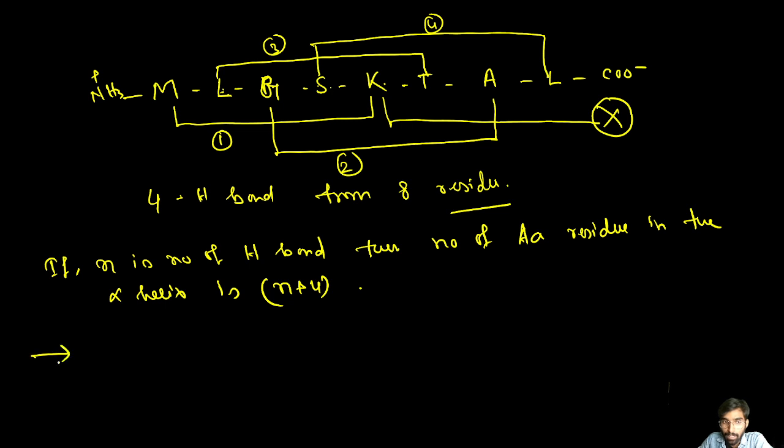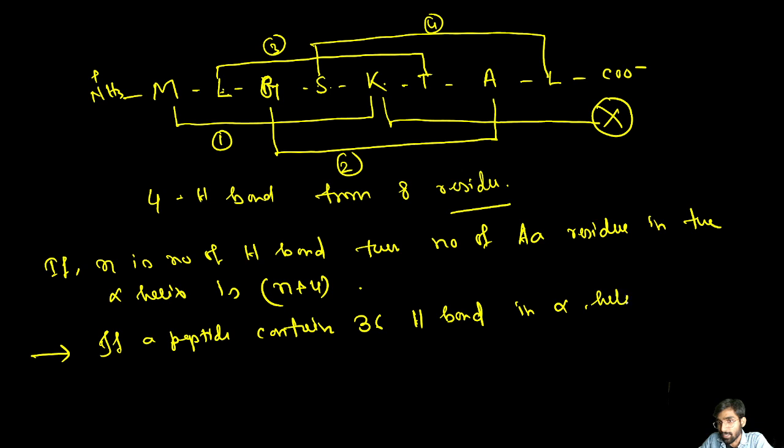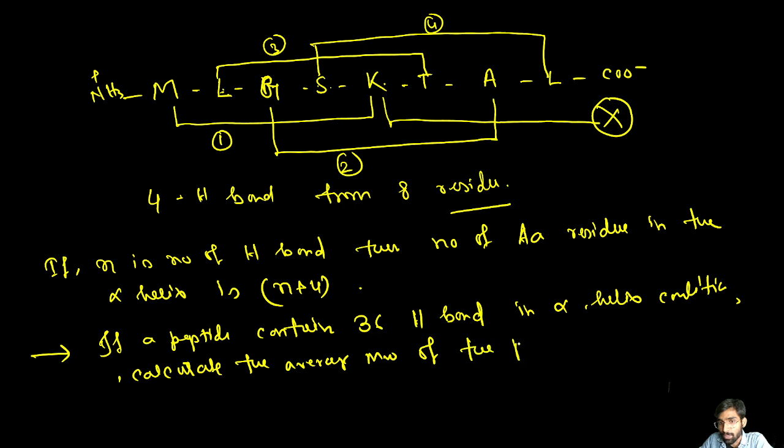Suppose in a question I am telling you that a peptide contains 36 hydrogen bonds in alpha helical condition, calculate the average molecular weight of the peptide or protein.